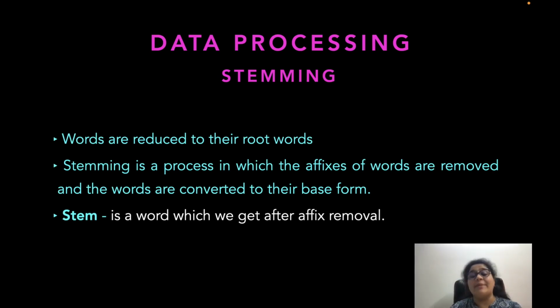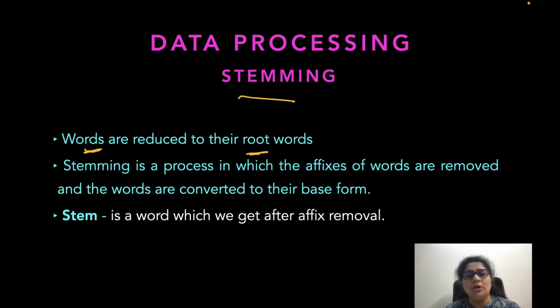So stemming. What do we understand from the stemming process? Words are reduced to their root words. What do we mean by root words? Let's say I have taken the word making. Is it the base form of the word? The original word is making? No, correct?